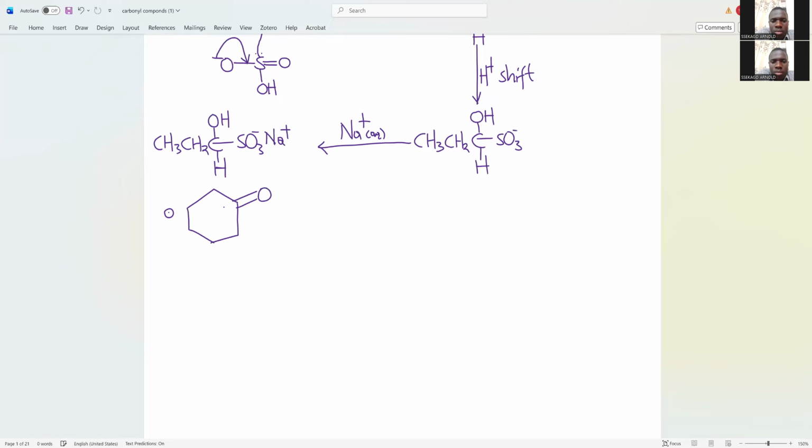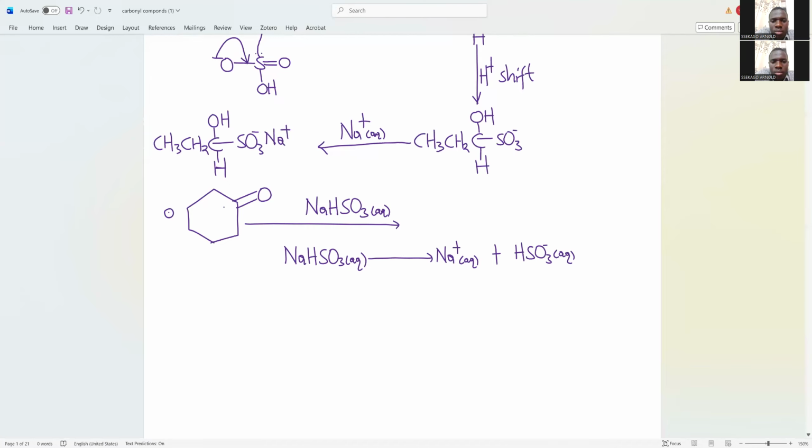Cyclohexanone with the sodium hydrogen sulfite. How does it behave? It breaks down so that we form sodium ion and the hydrogen sulfite, like that.